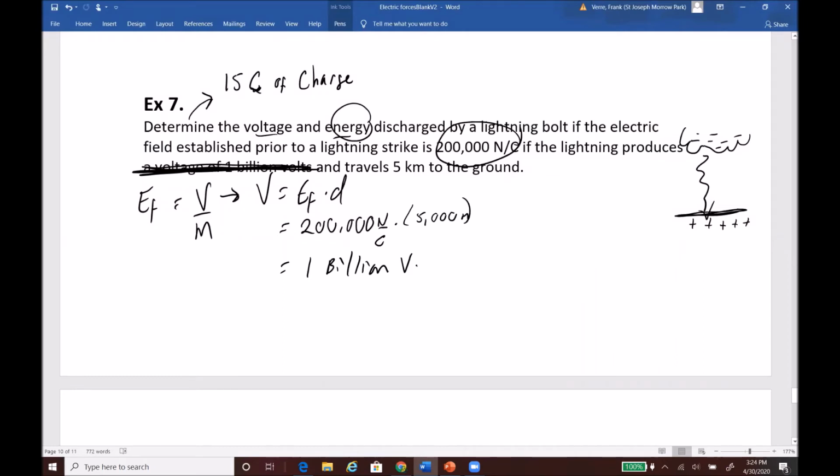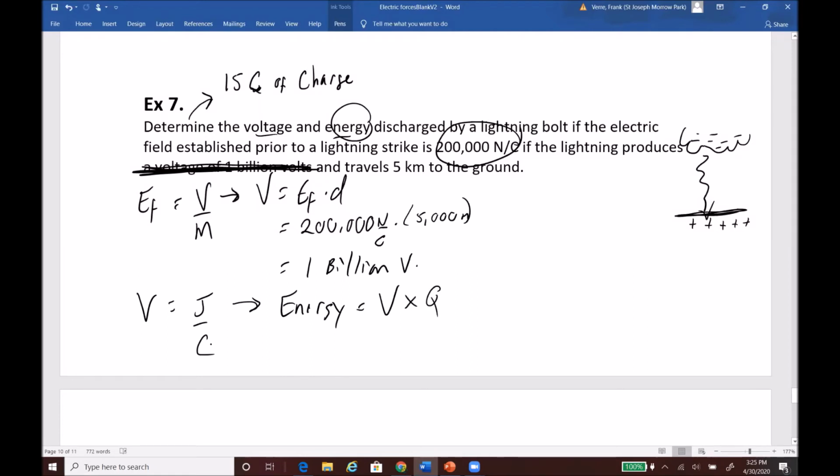Okay, so then the second part of the question is, if the lightning strike produces 15 coulombs of charge, how much energy would be discharged by this lightning bolt? So if we think about voltage, voltage is joules per coulomb. So if we arrange that, we can say that the amount of energy would be the voltage times the charge, right?